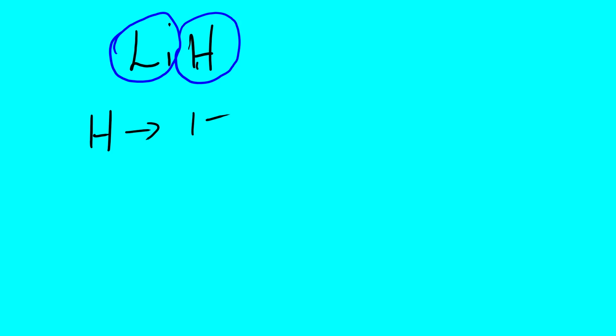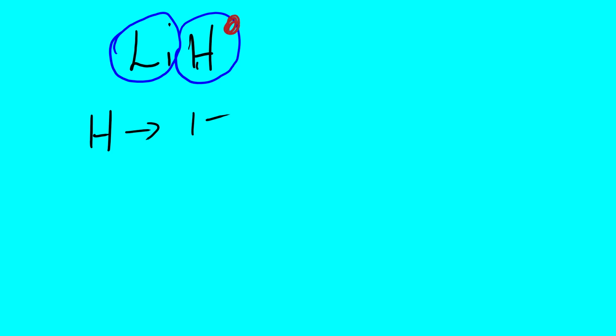For the first one, this is a metal hydride, so the oxidation number of hydrogen in this case is 1 minus. Remember the basic knowledge behind this: the oxidation number of this plus the oxidation number of this must give you the overall oxidation number, which is 0.